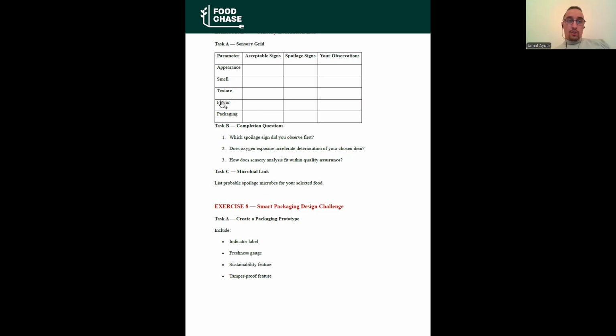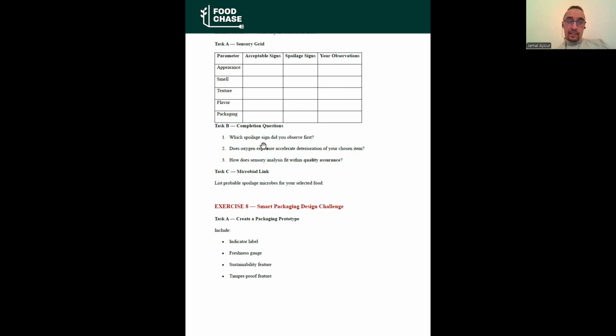For example, observe appearance, smell, or flavor, and write whether each characteristic is acceptable or shows a spoilage sign, to complete this table.